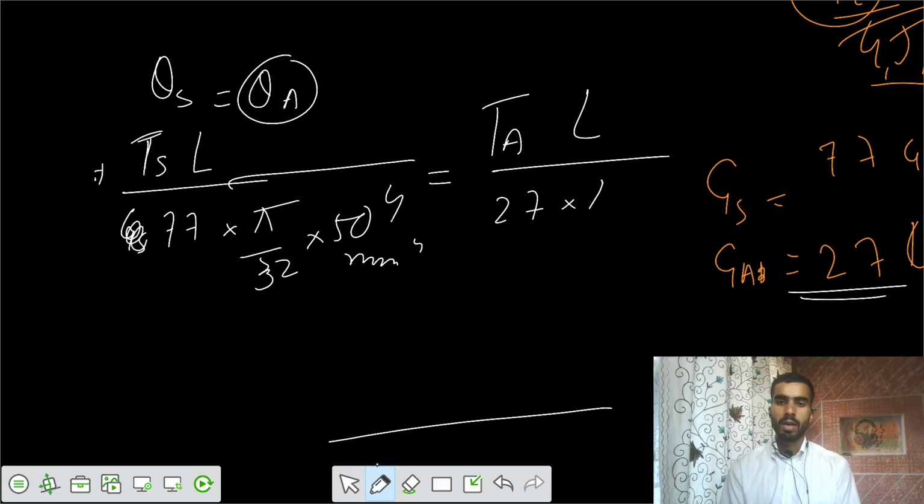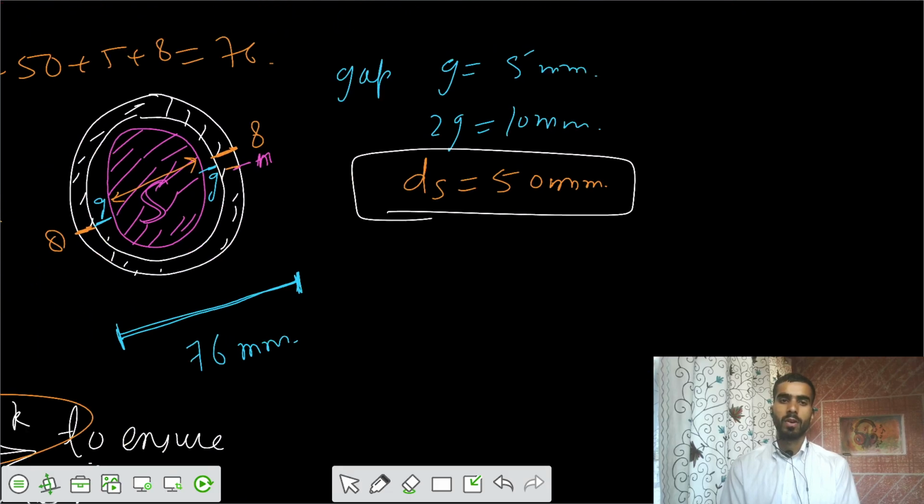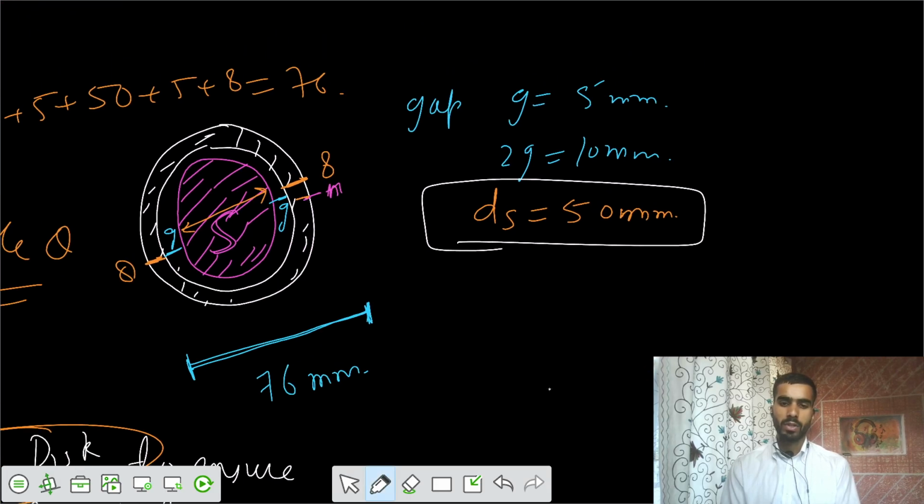Into the value of J for the aluminum, which is in the form of a hollow tube. So we have some D outer and some D inner also. D outer would be equal to 76, and D inner is from this part to this part.